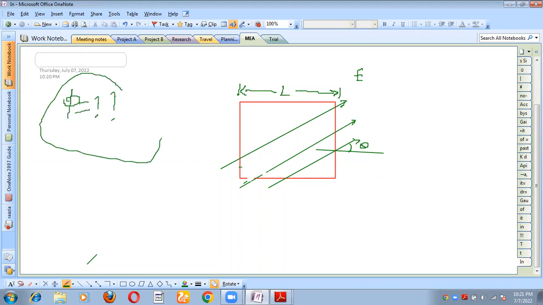Obviously, the electric field is passing through the surface, so there must be flux. So what is the value of flux? Everyone getting the question? Yes, sir. Okay. Now I will explain two methods to solve this question.